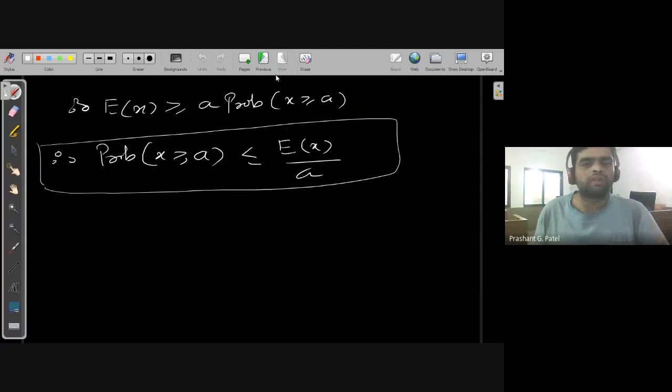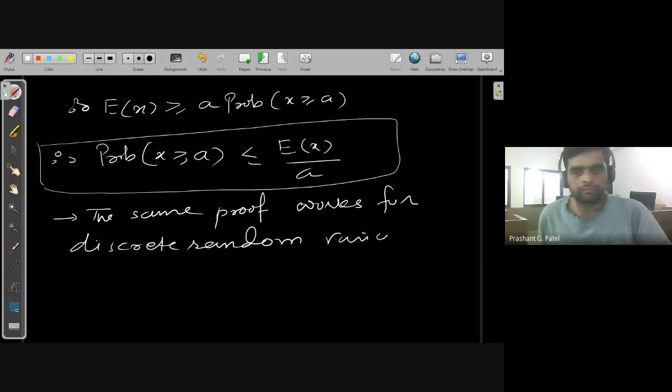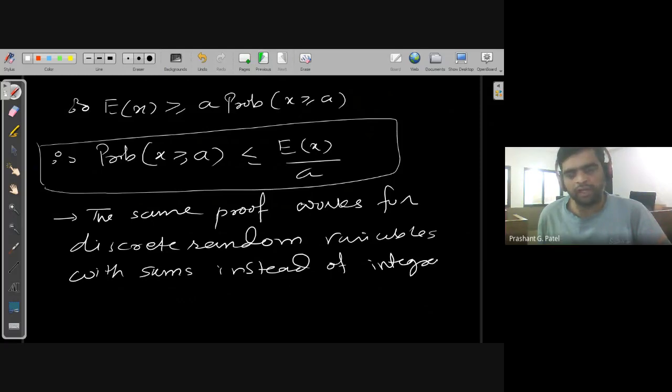I'll just write as a note: the same proof works for a discrete random variable with sum instead of integration. So instead of integrals, you just use the sum.